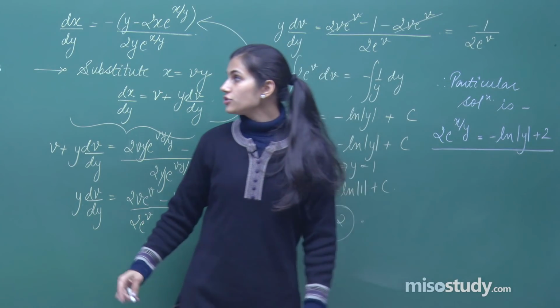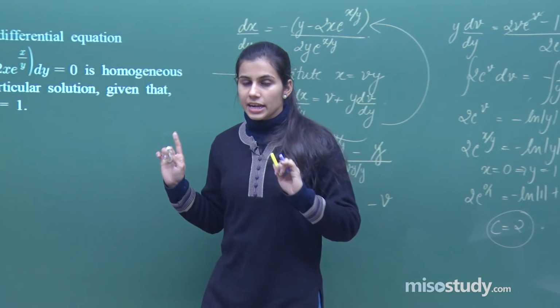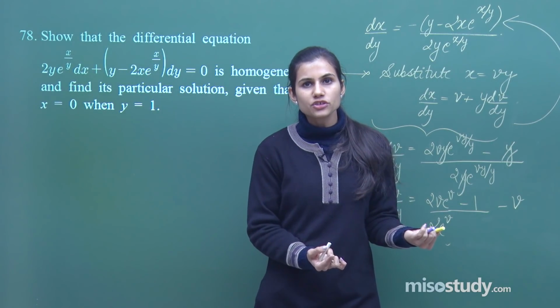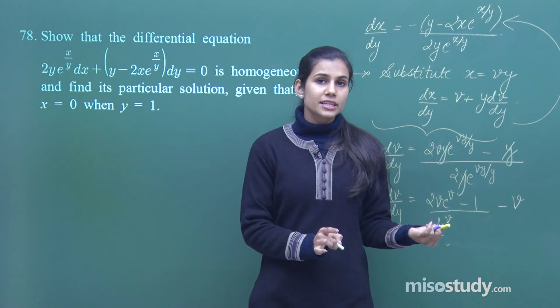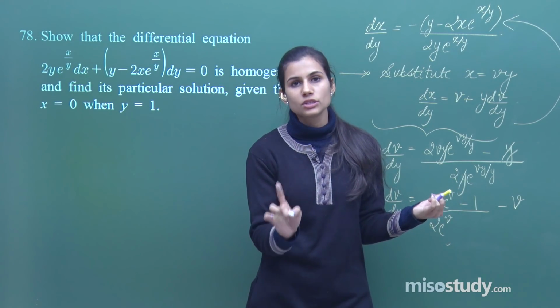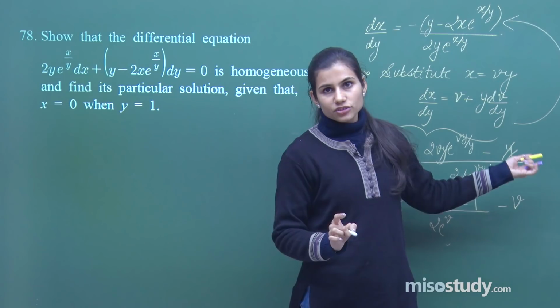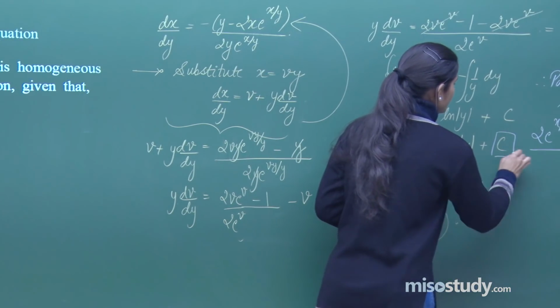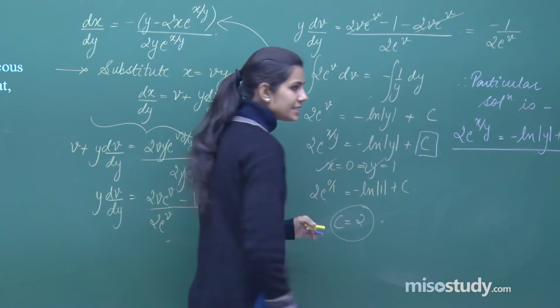That's how the question is not just making you revise the concept of homogeneity or how to solve homogeneous differential equations, but it is also asking you to recall the concept of finding the particular solution if the general solution is known. What makes a general solution a particular solution is just the value of this constant, which you get by these.